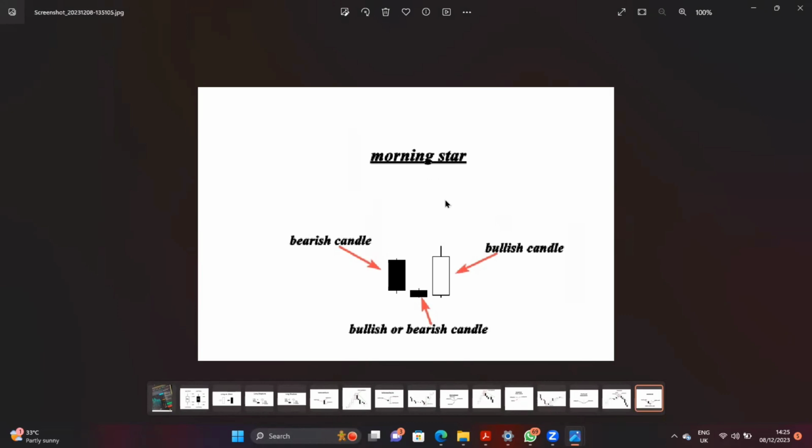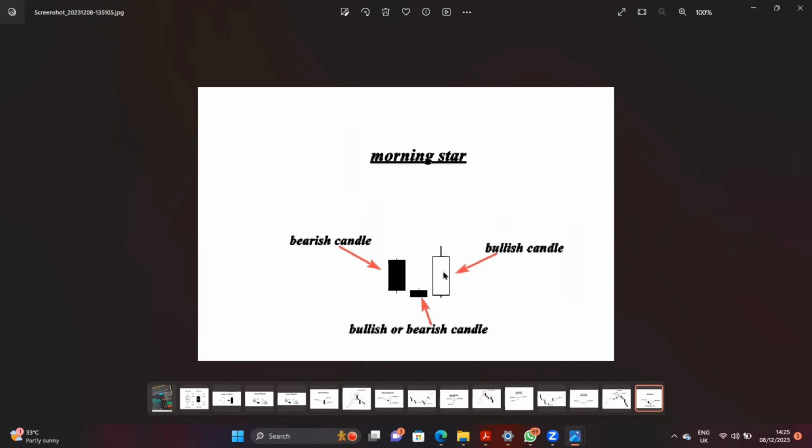All right. The morning star pattern is considered a bullish reversal pattern. What do we call a bullish reversal?